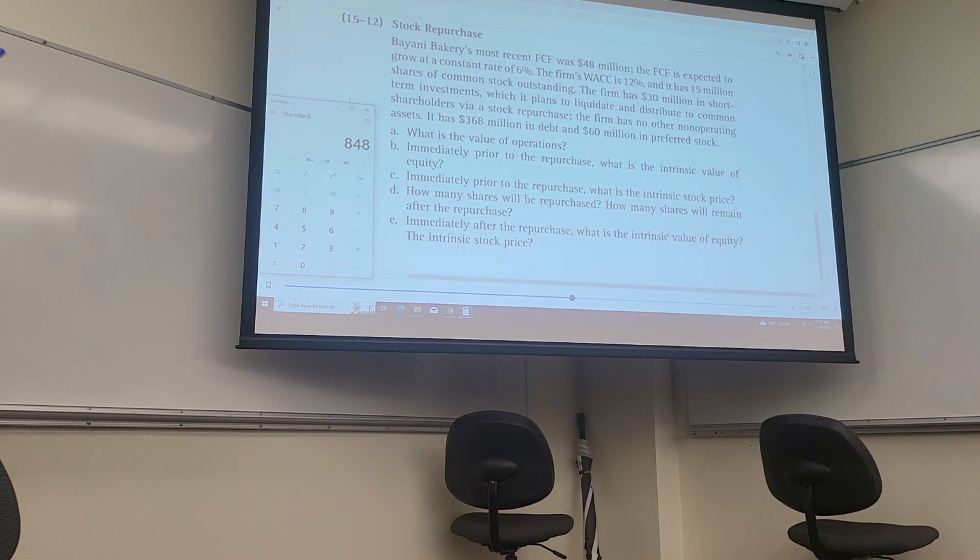They've got debt and preferred stock. Let's take those out. So 368 and 60. It's 450. And it says we've got 15 million shares of common stock. So that's going to give us a price of $30 per share.